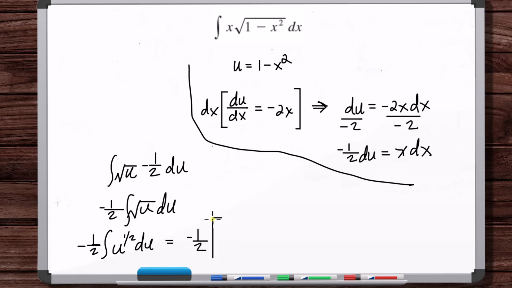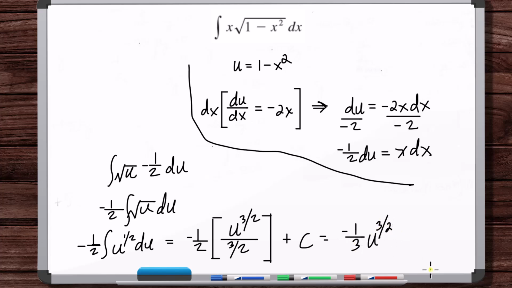So this is u to the 1/2 plus 1 over 1/2 plus 1. Okay, so we've got minus 1/3 u to the 3/2 plus c.